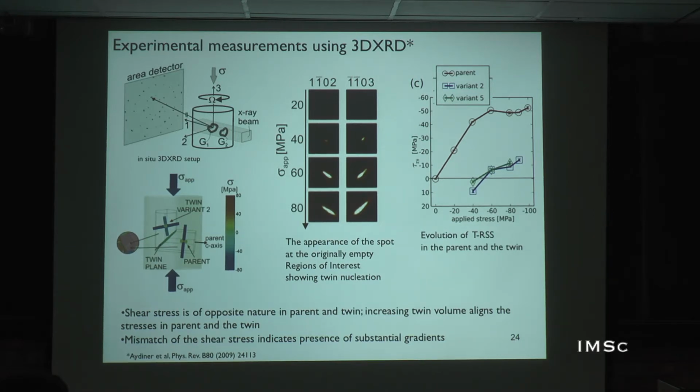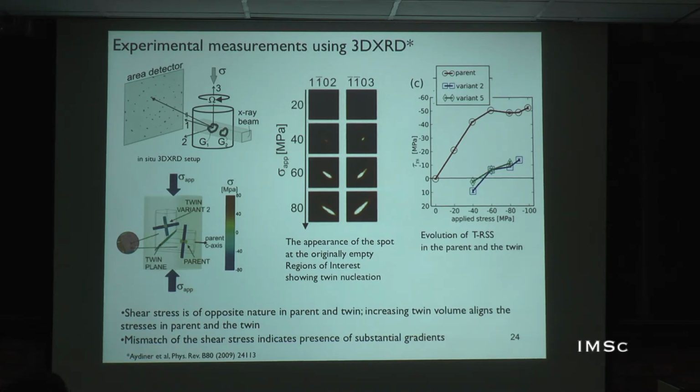And then what you saw is that when a twin nucleates inside the grain, what is the variation in the stress, and that is very, very important. So this led to a lot of interesting questions, first, the resolved shear stress on the twin plane along the twin direction.